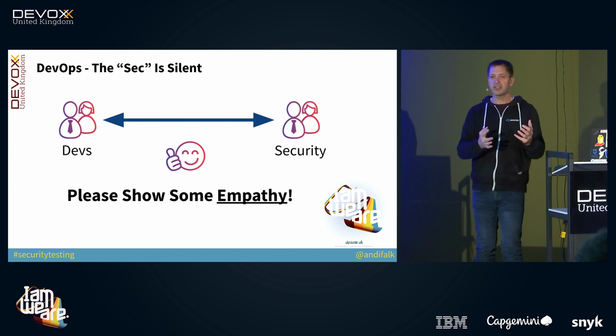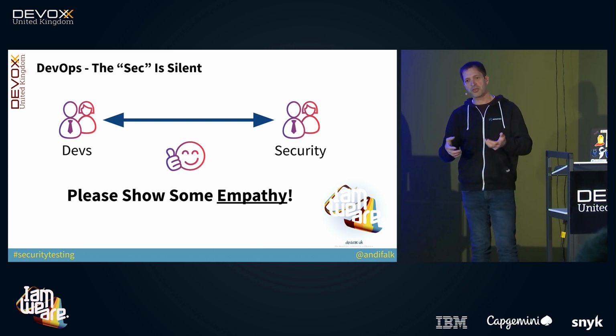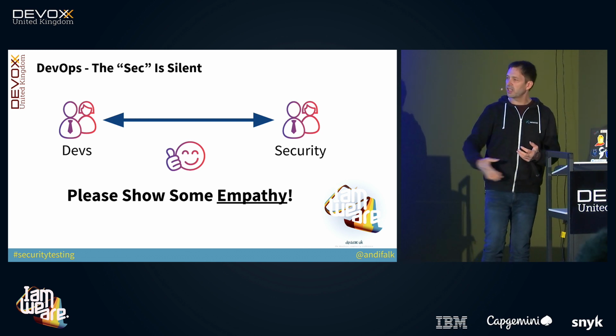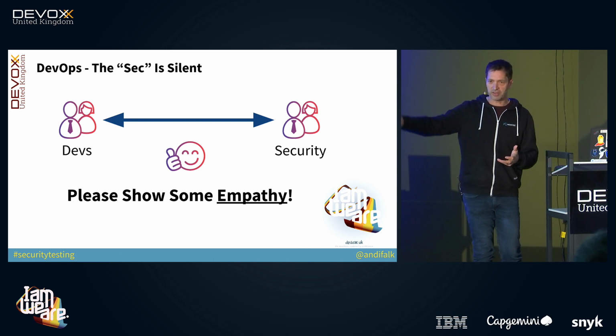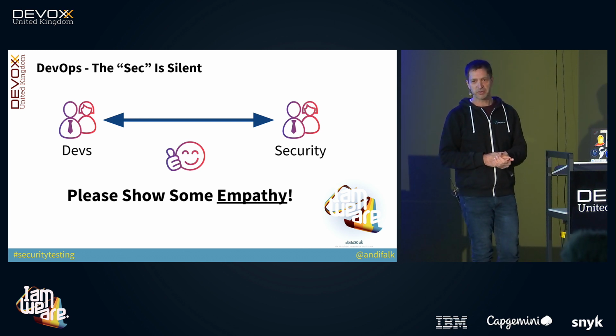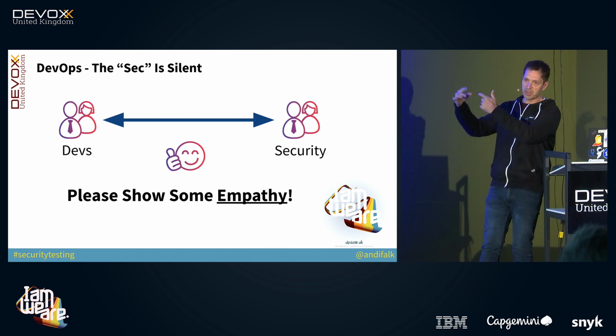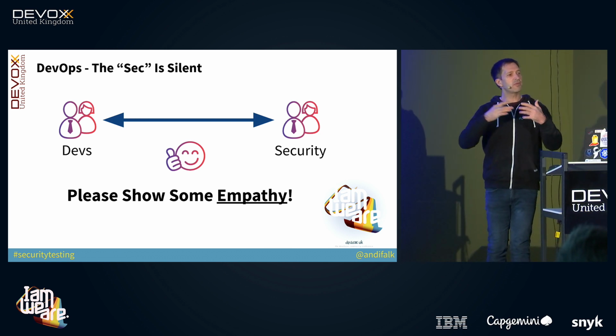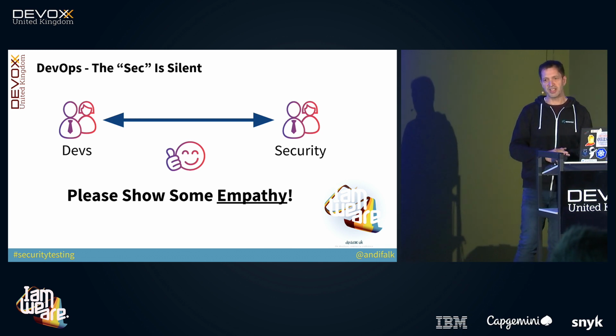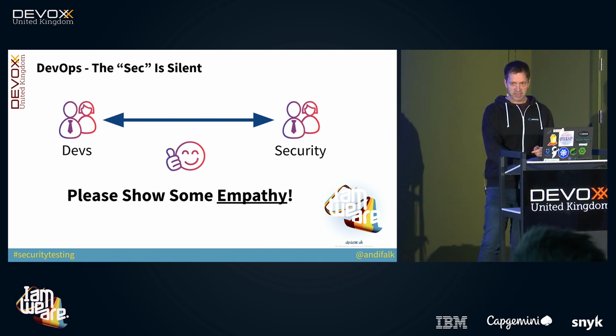Then we might have far fewer problems communicating with each other, because that causes real problems a lot of the time. The developer argues, I have no time for security, and the security guy argues the developer does not have any clue about security. These are misunderstandings we should avoid.